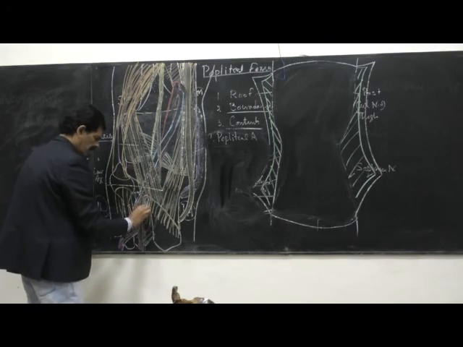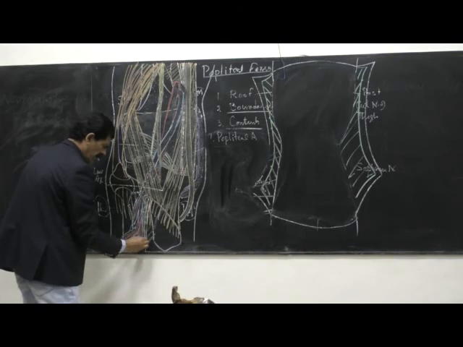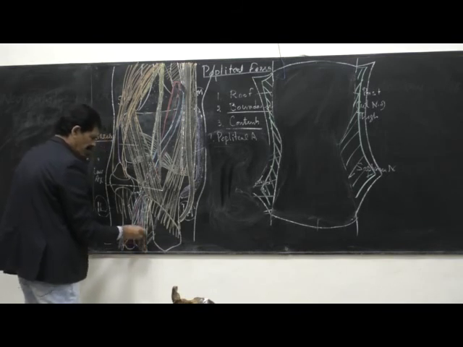Here this tibial nerve is accompanied by the posterior tibial artery, runs on the posterior surface of the interosseous membrane.